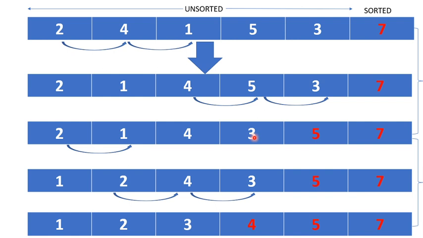The total number of passes required in a bubble sort is n minus 1. Okay, what is n minus 1? Here n is the number of elements. So in our list there are 6 elements. So how many passes are required? 6 minus 1, that is 5. So there are 5 passes required.